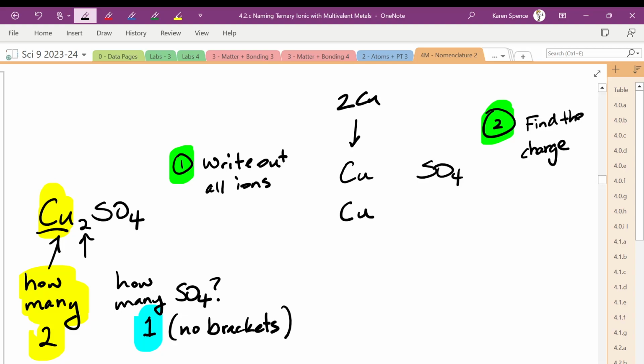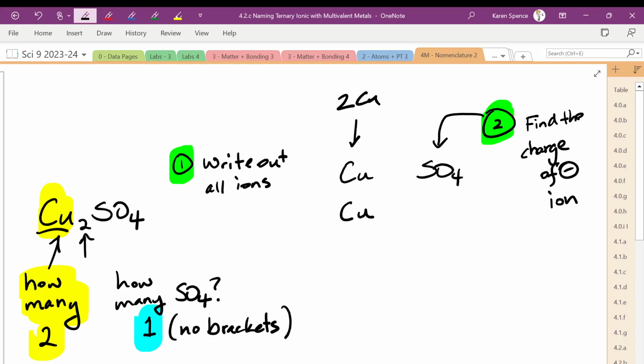Who should we find the charge of? You're finding the charge of the negative ion, whether it's a polyatomic or a regular one. So go look up the charge of SO4.